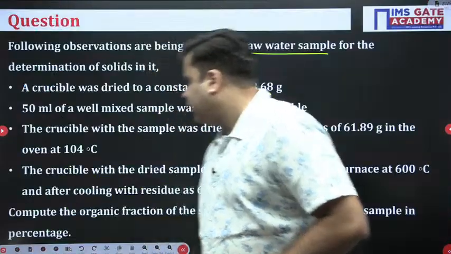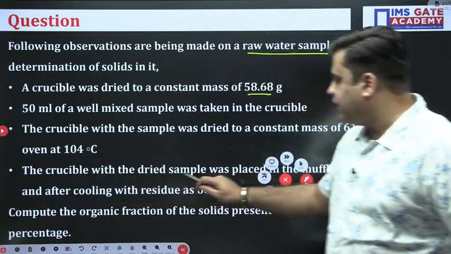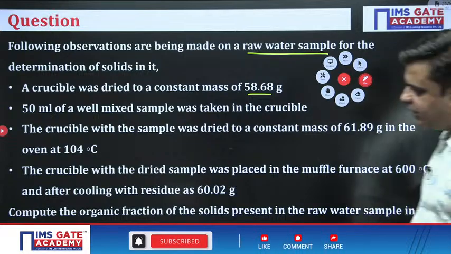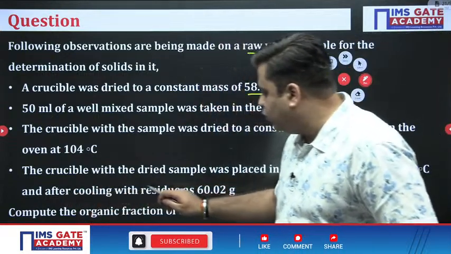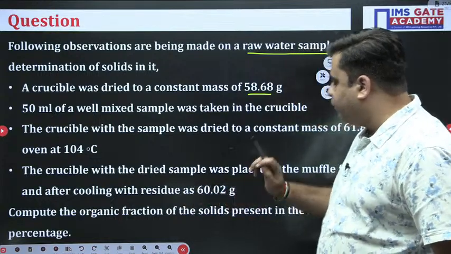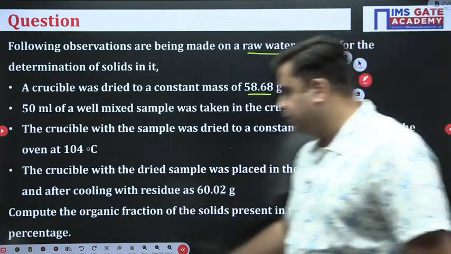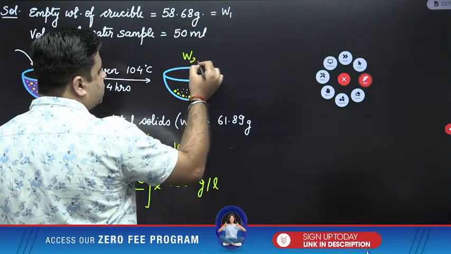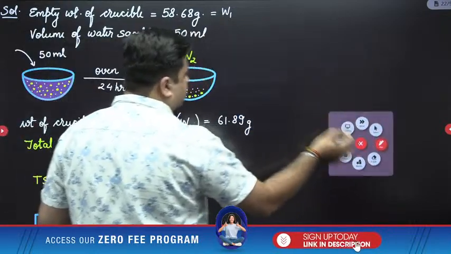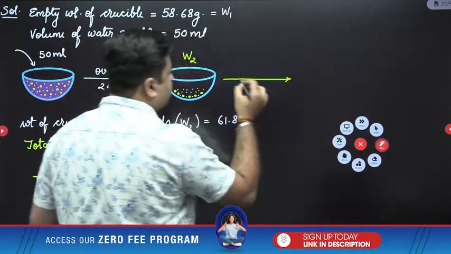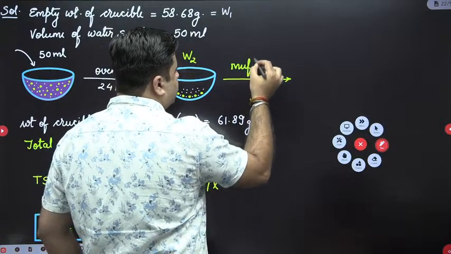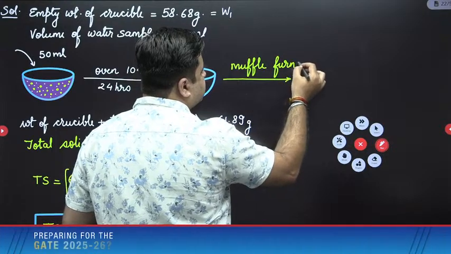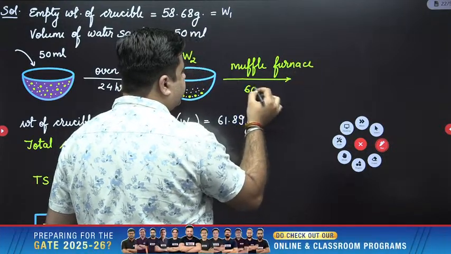Now next is, the crucible with the dried sample was placed in the muffle furnace at 600 degrees Celsius and after cooling with residue as 60.02 grams. Now what do we mean by this? This oven dried sample of total solids is kept in muffle furnace at 600 degrees Celsius.